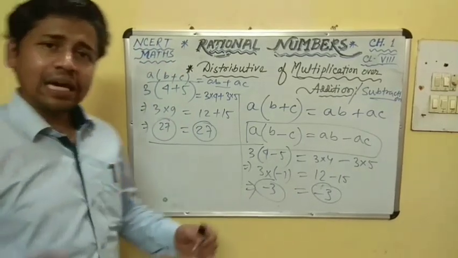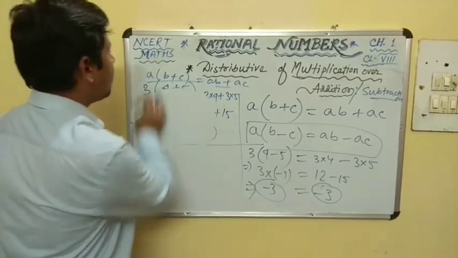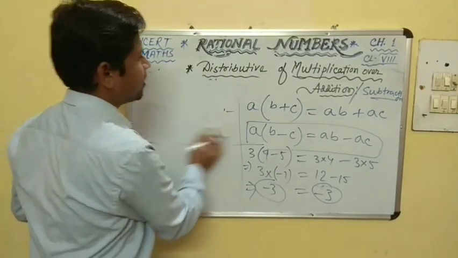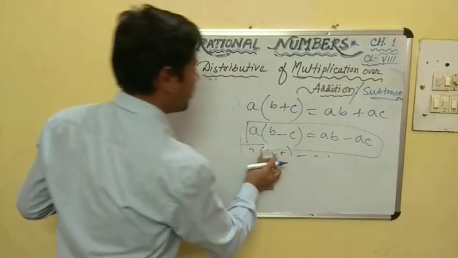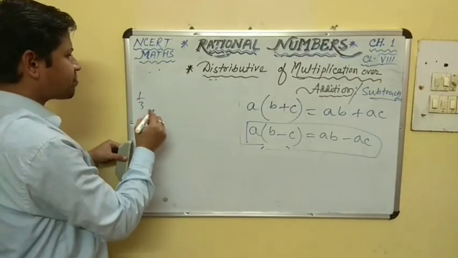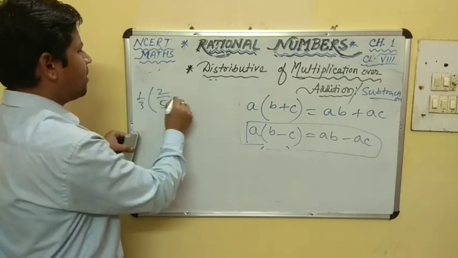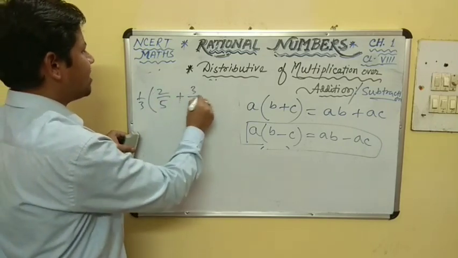If you want to take a fractional form, then you can also be clear about it. Suppose I take some fractional forms to clarify your idea. Suppose 1 by 3 is multiplying here 2 by 5 plus 3 by 7.